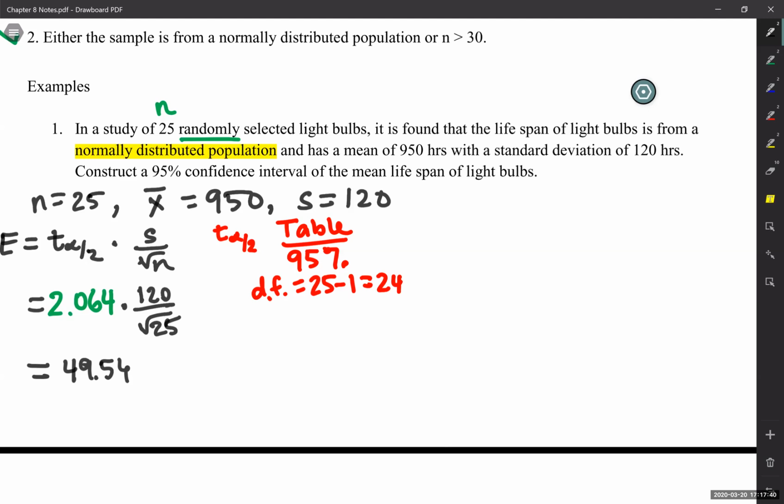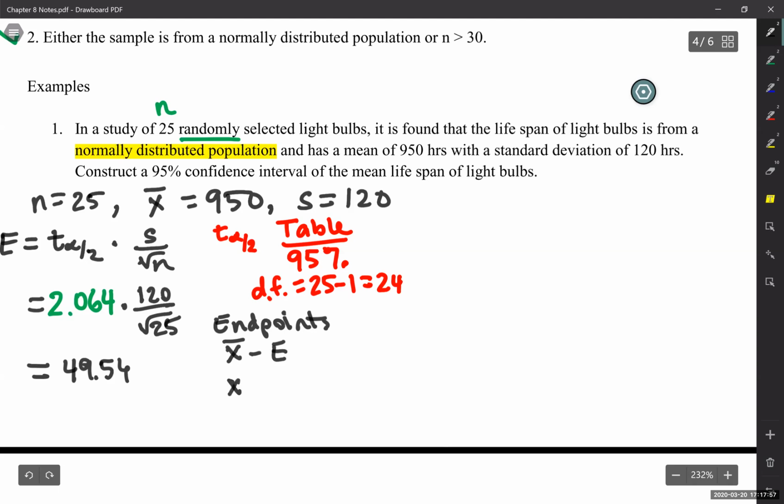And now I'm going to come up with the endpoints of my confidence interval. So the endpoints are going to be X bar minus E as the small and X bar plus E as the large, the upper one. So my X bar was 950.